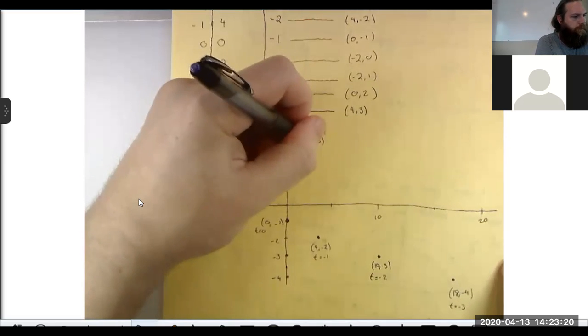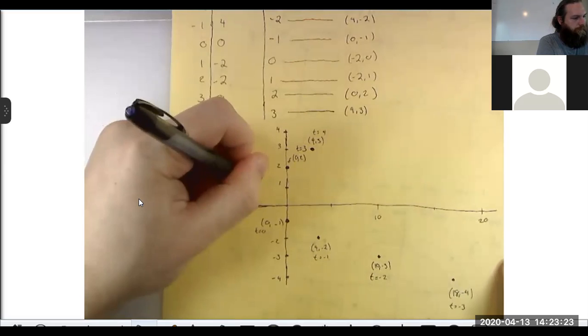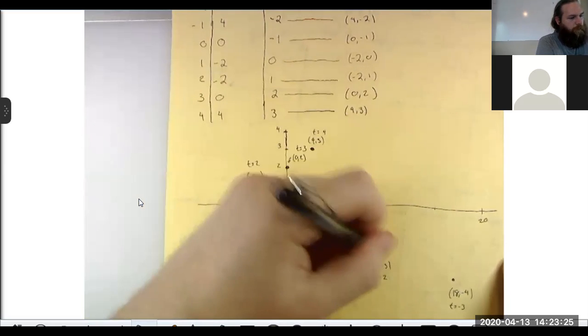So look at these points. What kind of shape do we think these are forming?